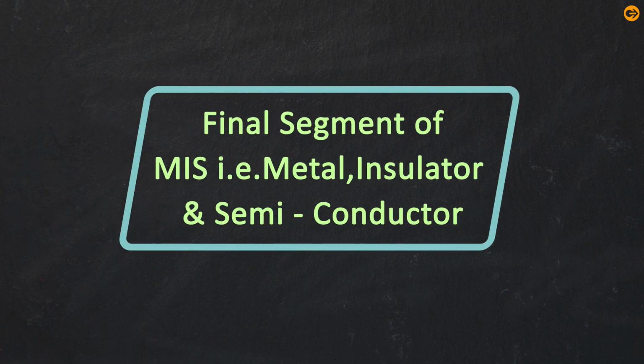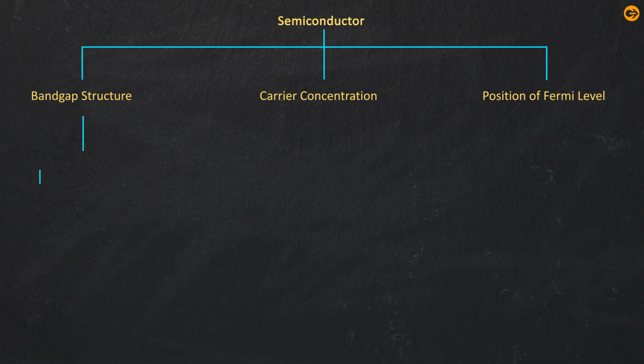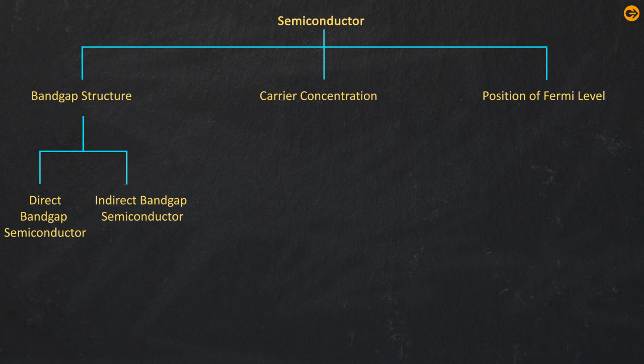Well, let us continue with the semiconductors. So we can classify semiconductors based on few parameters. They are band gap, carrier concentration and position of Fermi level. Further, the band gap is classified into two parts, that is direct band gap semiconductor and indirect band gap semiconductor.